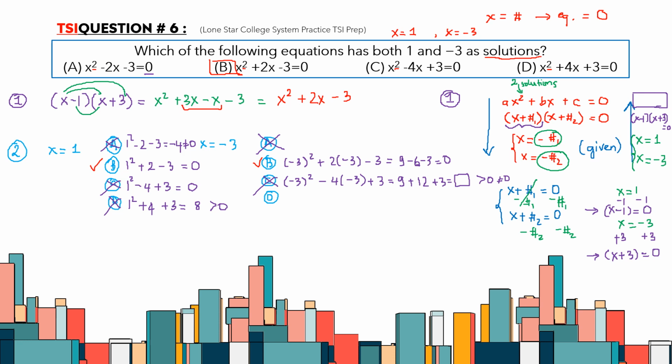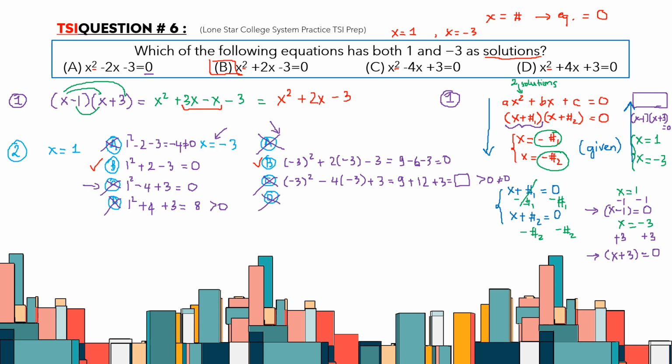Both of them have to be solutions, that is, make the left-hand side of the equation equal 0. That's why in A, I didn't check x equals -3, because the first one failed, so I don't have to try the second one. Just like D, the first one failed, so I don't have to check the second.